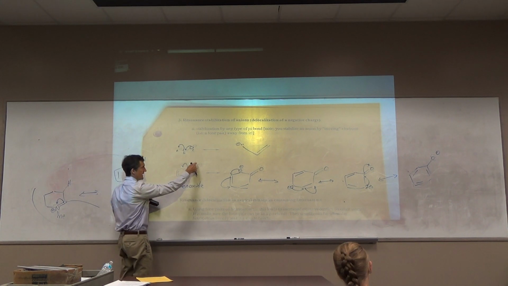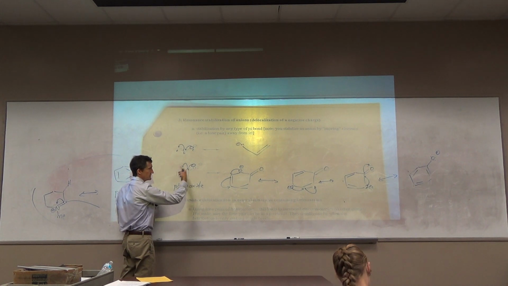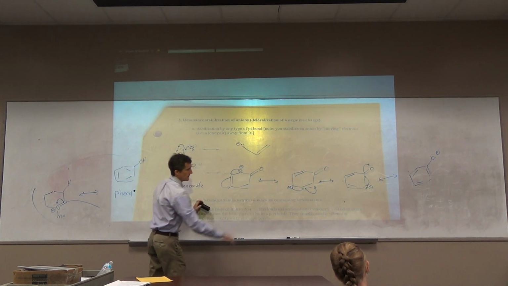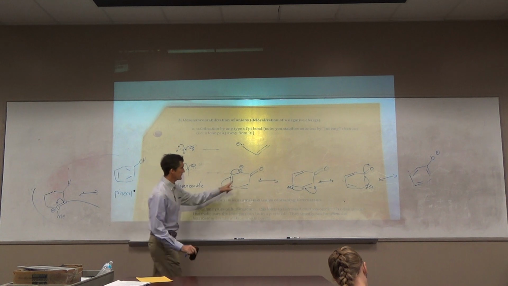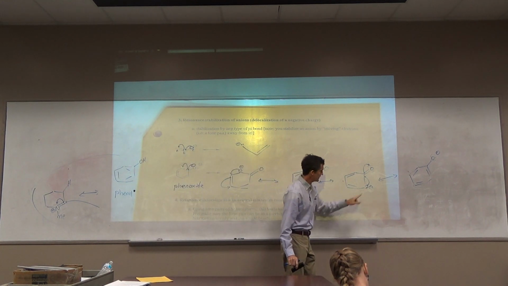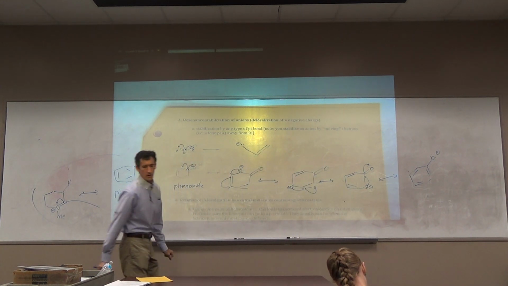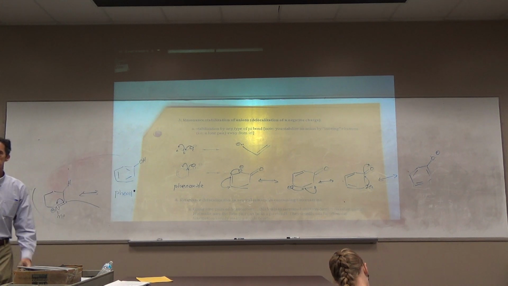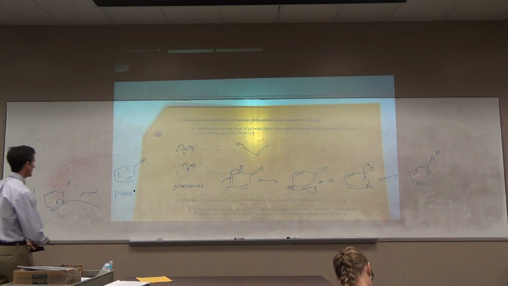So when we look at this anion, it's not just localized on oxygen, it's delocalized onto 3 other carbons. That carbon, that carbon, that carbon. Resonance delocalized anion, more stable than if it was not.